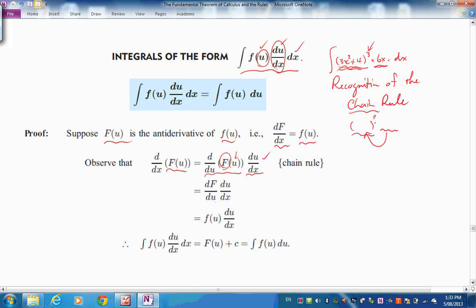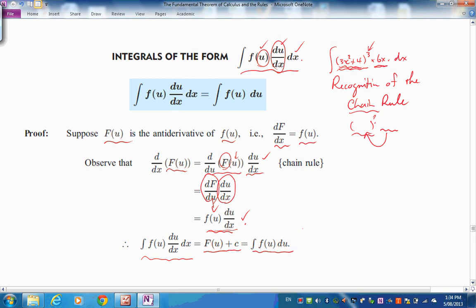We differentiate the first function and then multiply by the derivative of that internal function. Okay, but dF by du is f of u. So there we have the derivative of F of u is f of u du by dx. So we're going to say here the integral of f of u du by dx dx is our original function, which is the integral of f of u du.